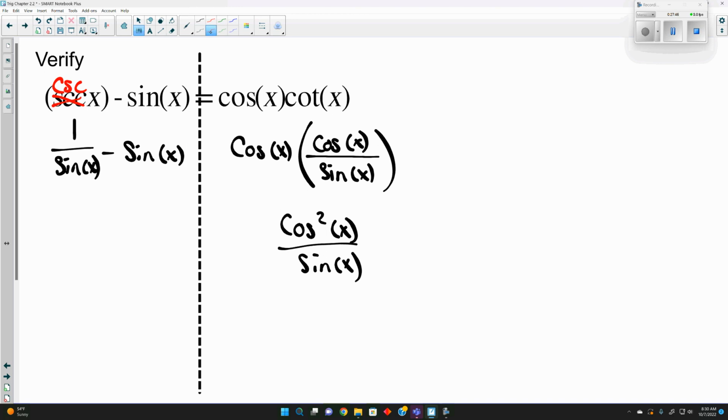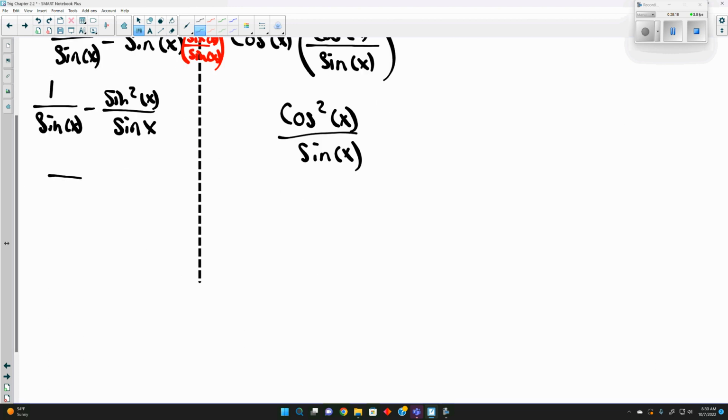Okay. Now we can get the denominators to be the same by multiplying this one on top and bottom by sine of x over sine of x, which would give us 1 over sine of x minus sine squared of x over sine of x. Y'all starting to see how we're going to put these two together?